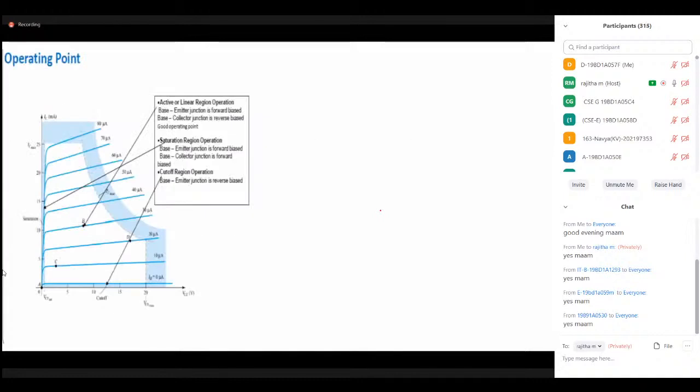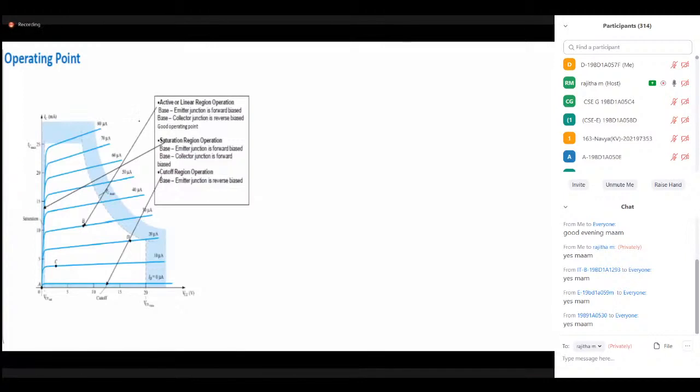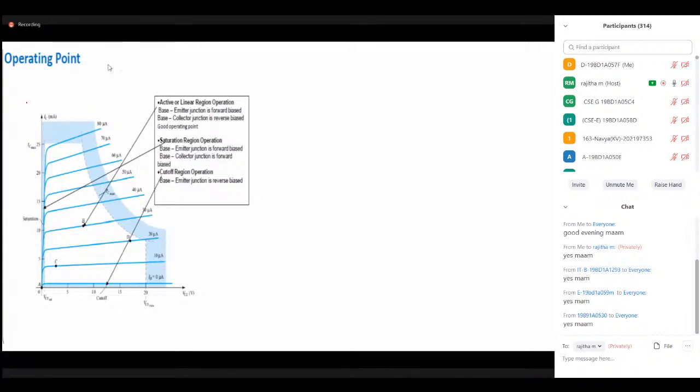Next. These are the output characteristics of your transistor in the common emitter configuration. On the x-axis I'm taking the output voltage, and on the y-axis the output current.